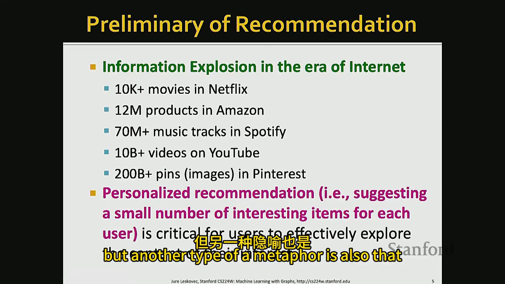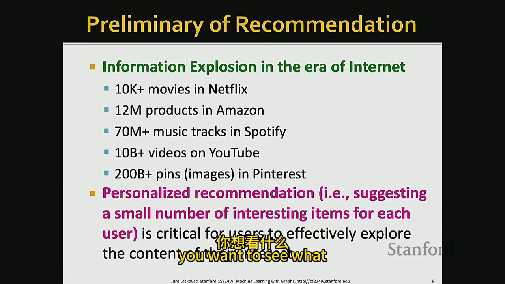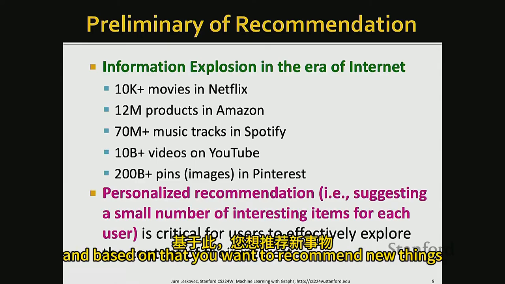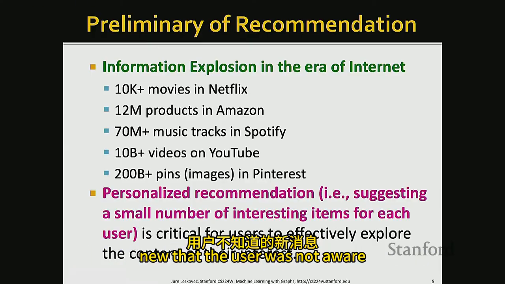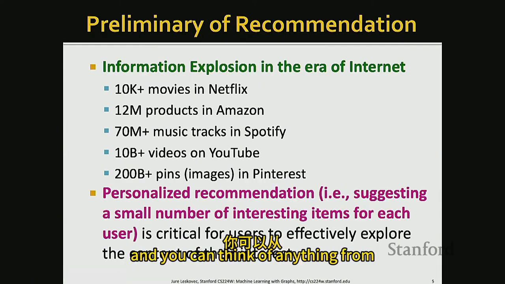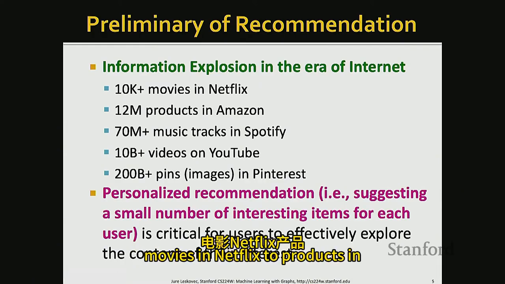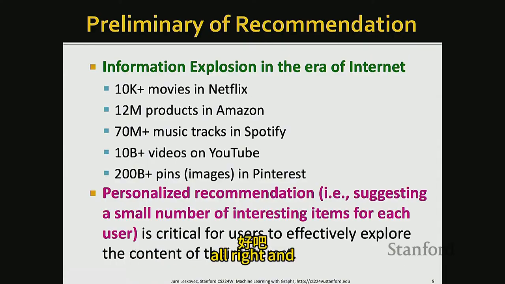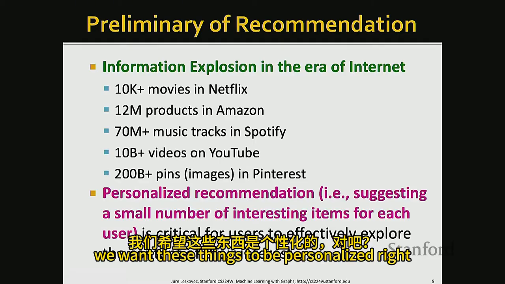But another type of metaphor is that you want to see what things the user has consumed in the past, and based on that you want to recommend new things that the user was not aware of but might be suitable for the user. You can think of anything from movies on Netflix to products on Amazon to music, videos, pins, and many other things. And the point is that we want these things to be personalized.